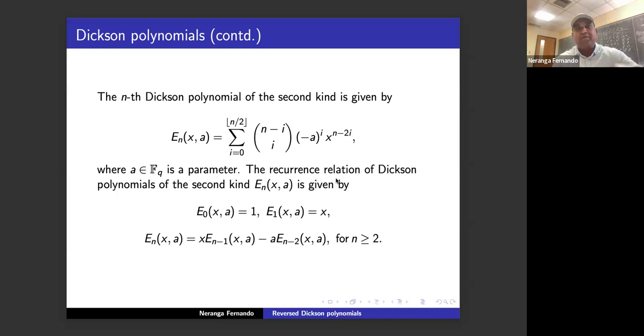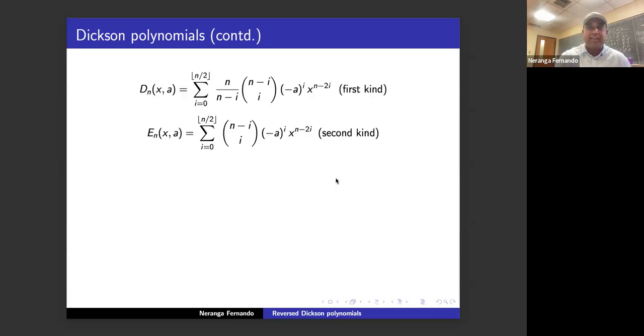These four mathematicians have studied the permutation behavior, but the permutation property of the second kind is not completely known yet, because it's very challenging. I wouldn't encourage any graduate student to take a look at the permutation behavior of the second kind, because I haven't seen a paper published about the second kind in probably 15, 20 years. So that is completely open. So we have the first kind and the second kind.